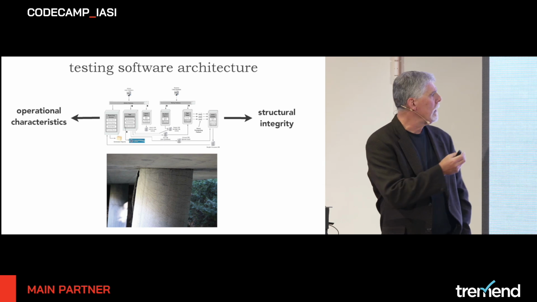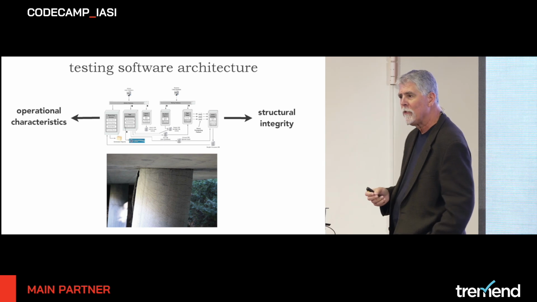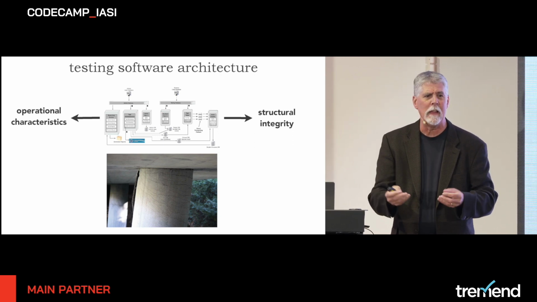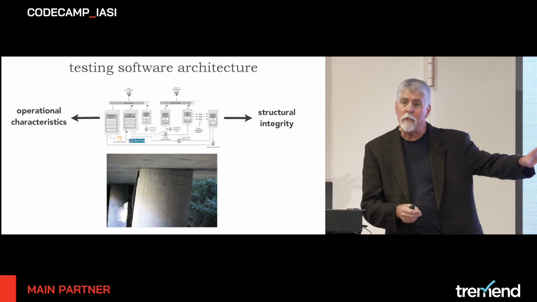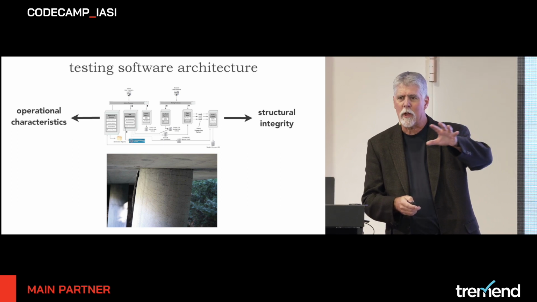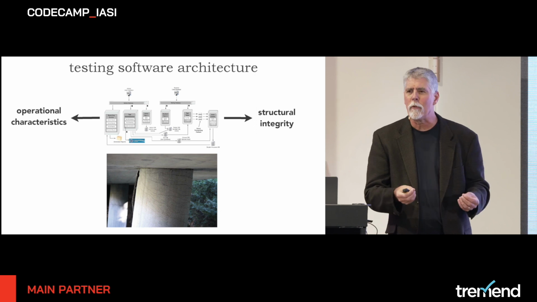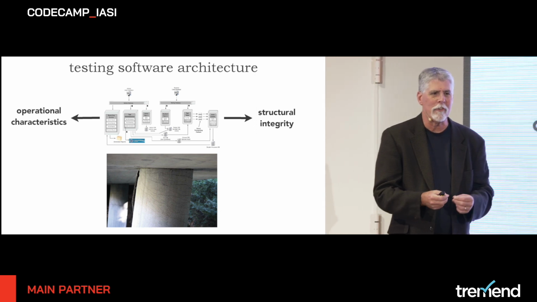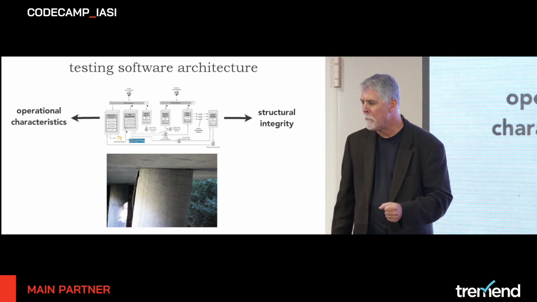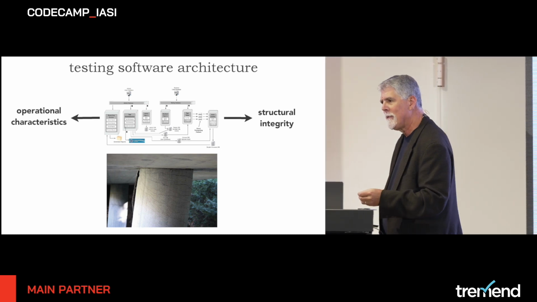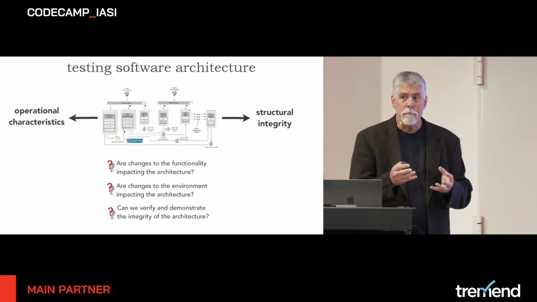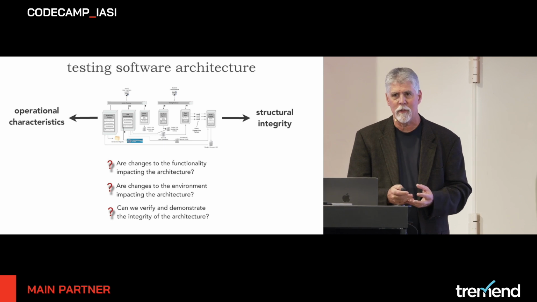First, we can test operational characteristics. Those things like scalability, performance, reliability, all of these kind of ability things. That's one type of test that we can execute. But then there's another type of test, and that's the structural integrity of that system, separate from the architecture characteristics. Now, doing this allows us to answer some very key questions.